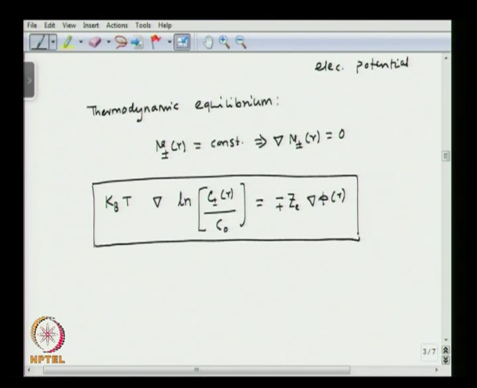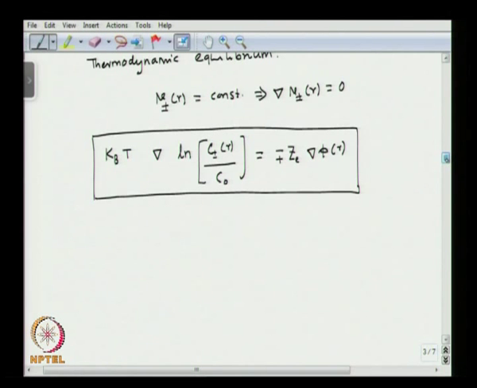So that is what we would get. Now, we have the boundary conditions that C plus minus at infinity, in the bulk of the liquid, is going to be C0, and phi at infinity will be 0, no potential in the bulk, and phi on the surface will be the zeta potential.